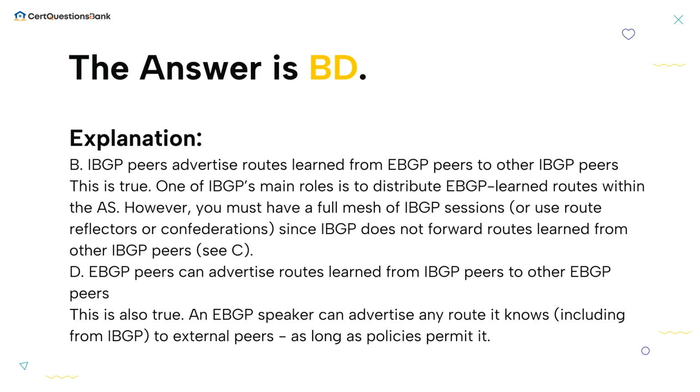D. eBGP peers can advertise routes learned from IBGP peers to other eBGP peers. This is also true. An eBGP speaker can advertise any route it knows, including from IBGP, to external peers, as long as policies permit it.